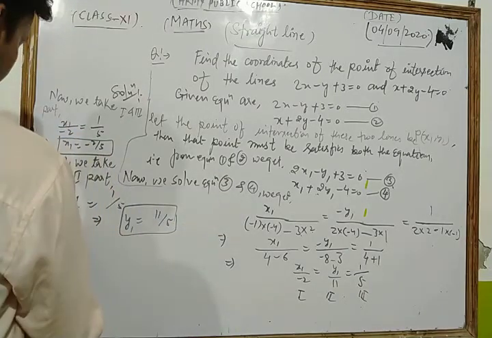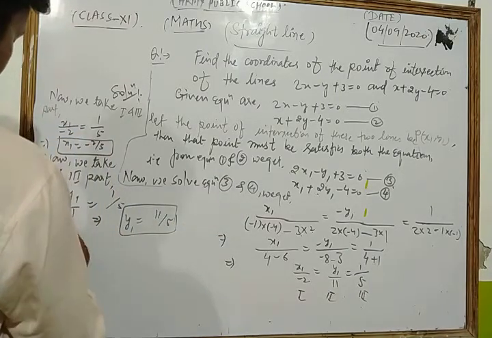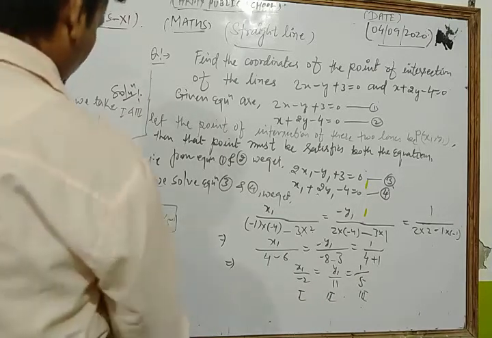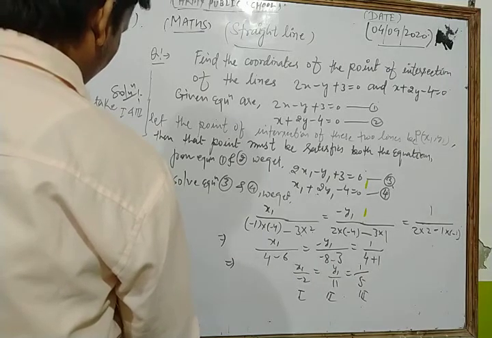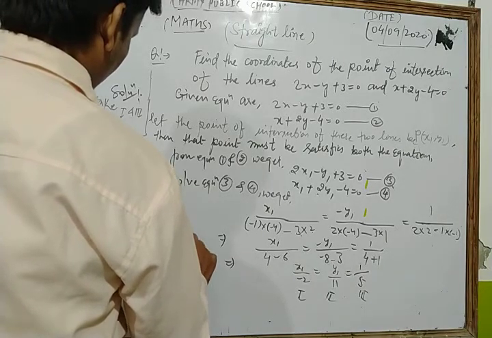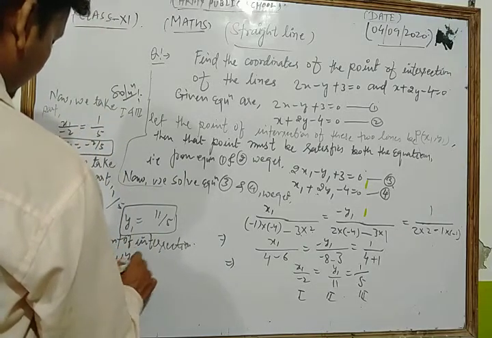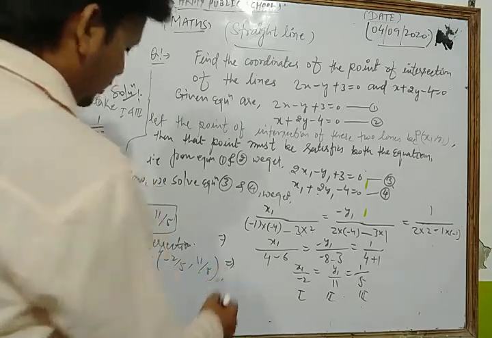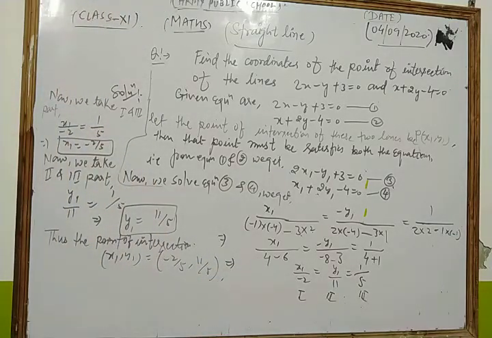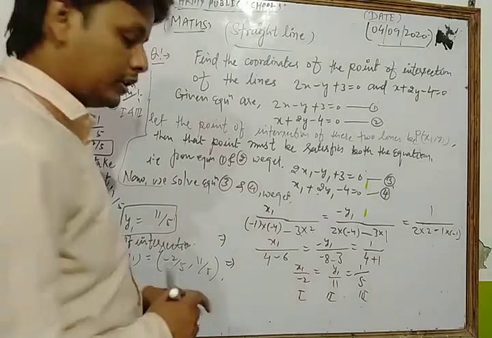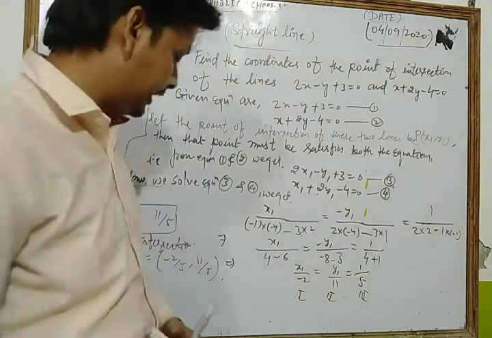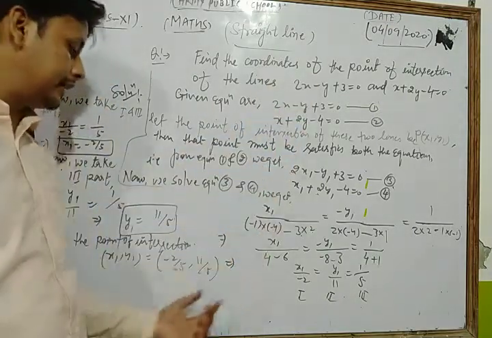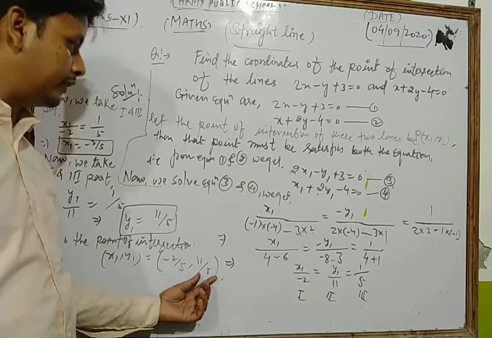Thus the point of intersection x1, y1 is minus 2 upon 5 and 11 upon 5. So dear student, in this way we find the point of intersection of these lines is minus 2 by 5 and 11 upon 5.